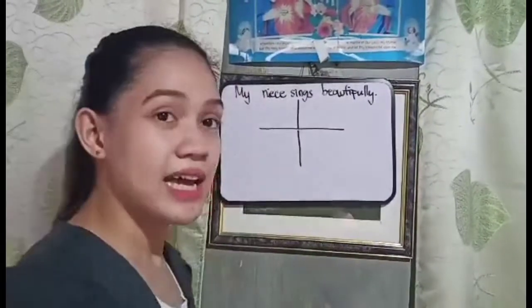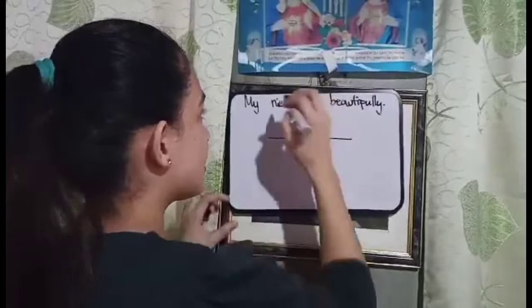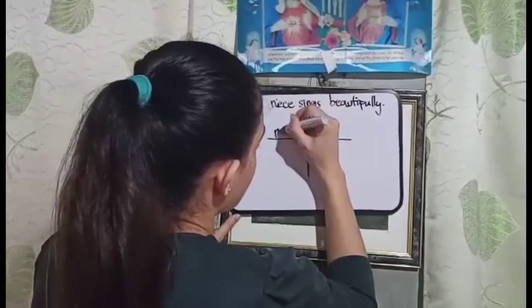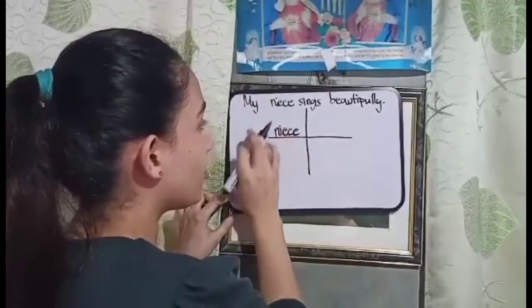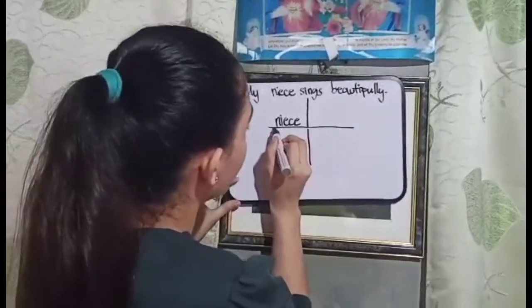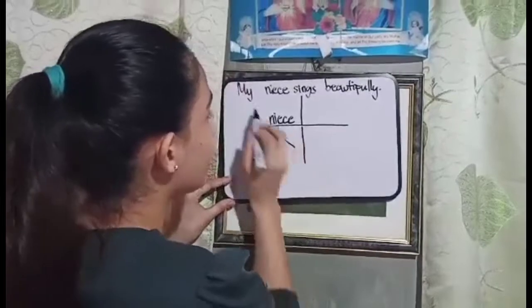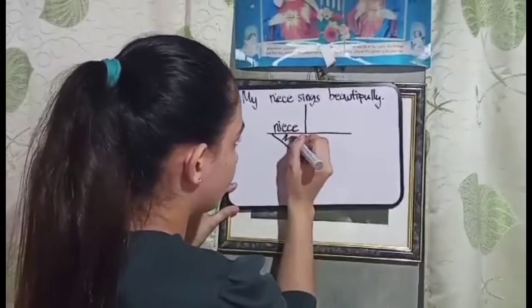In the sentence, the subject here is niece. So, we will write it on the left side. Below the subject, we will draw a slanted line here to put the modifier my.